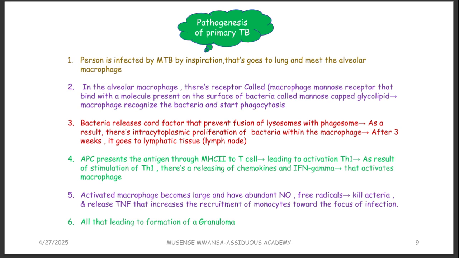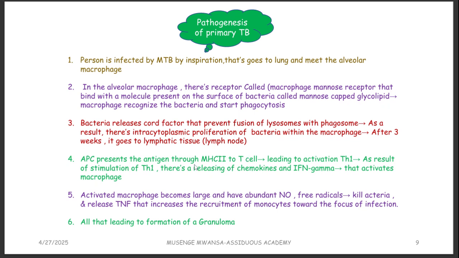And then after about 3 weeks, it is going to end up going to the lymphatic tissue or the lymph nodes. There, the antigen presenting cells will present the antigen through the MHC class 2 to the T cells.